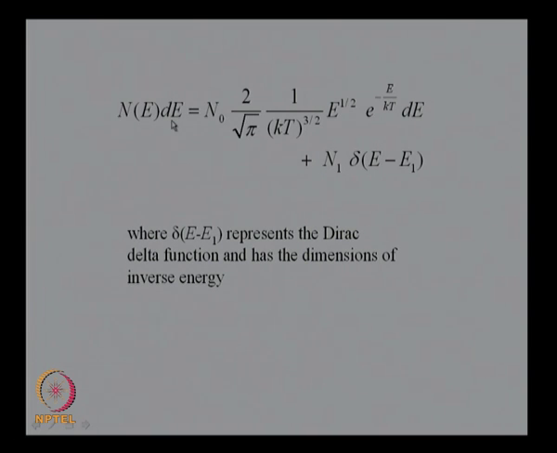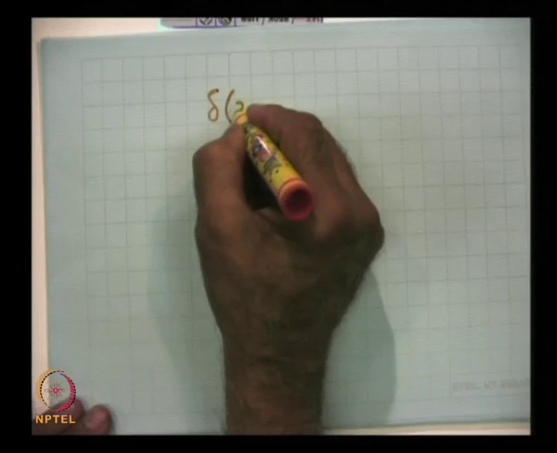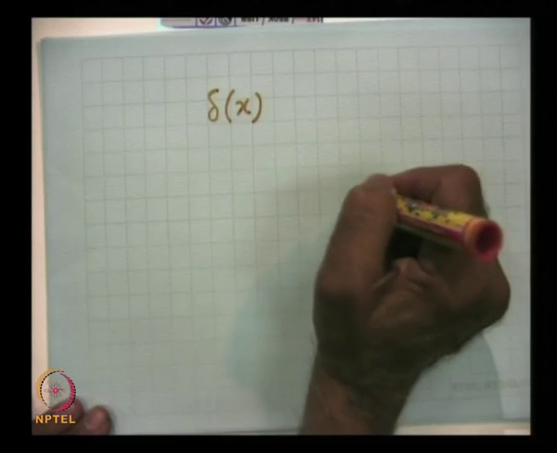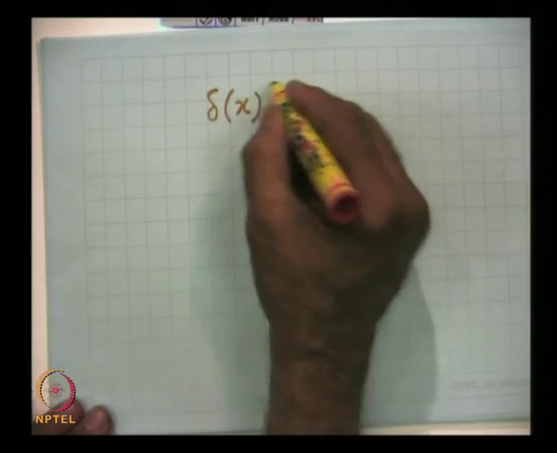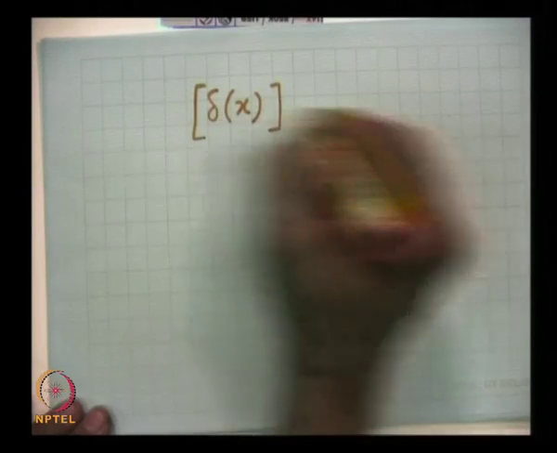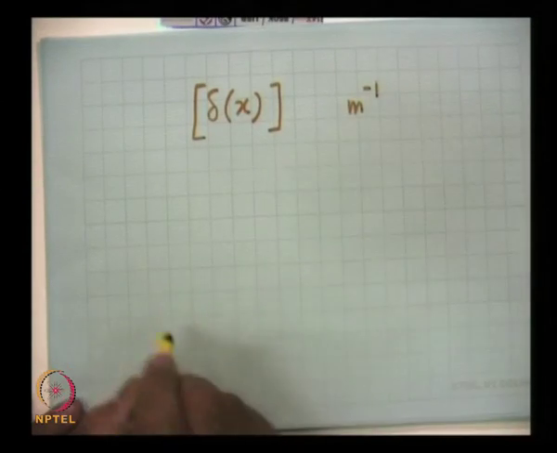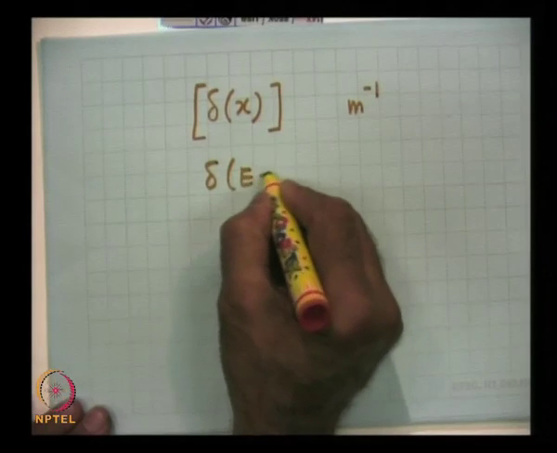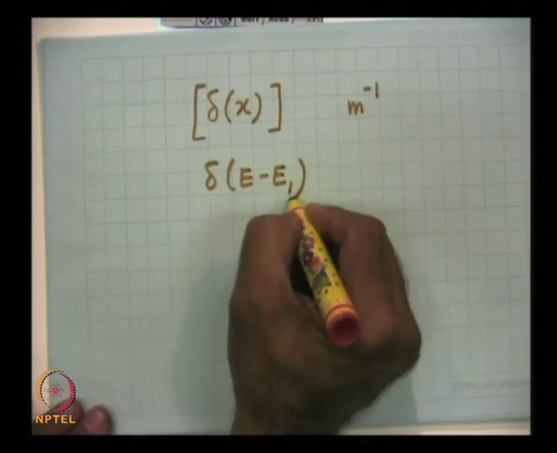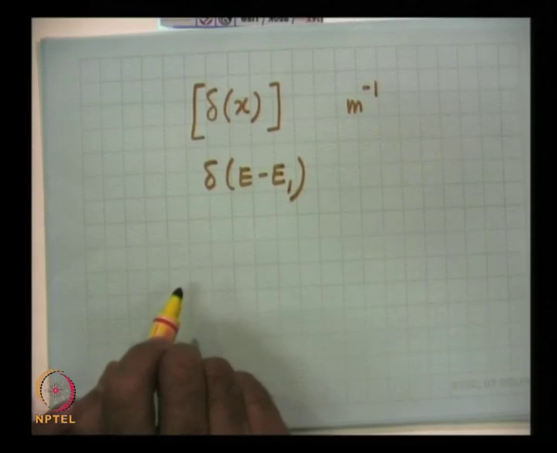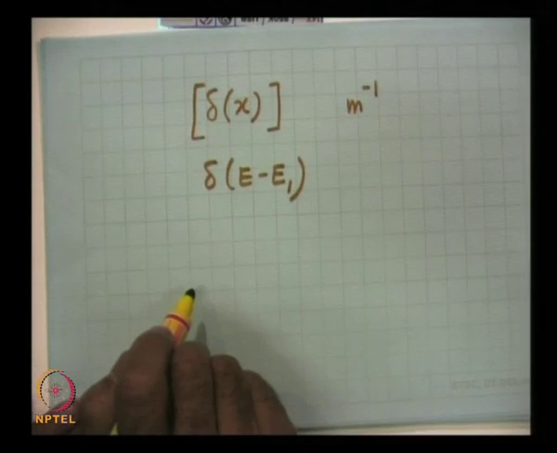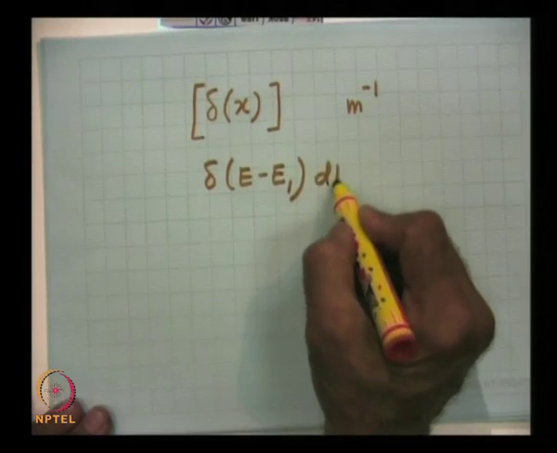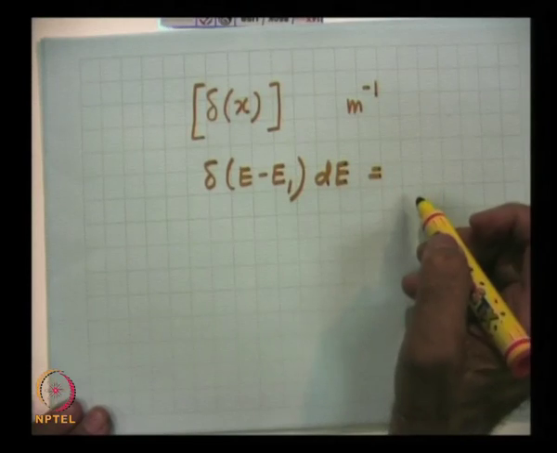So, let me summarize this by saying that if I have delta of x and x is in meters, then the dimension of delta of x will be meter inverse. If I have delta of E minus E1, where E is measured in joules, then this times dE will give the number of molecules.